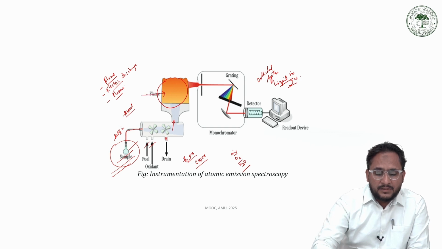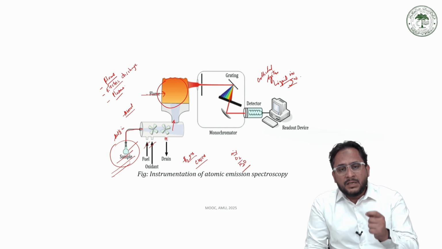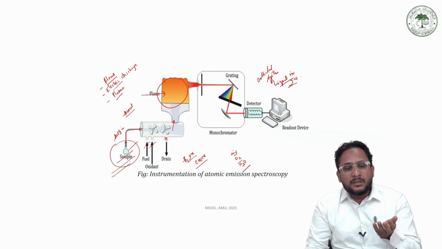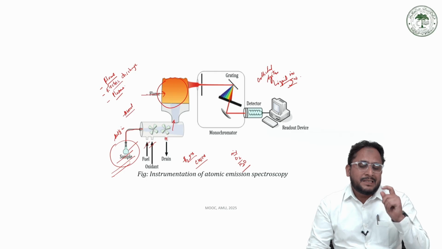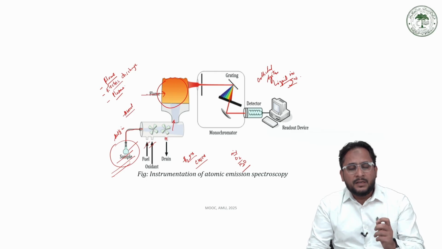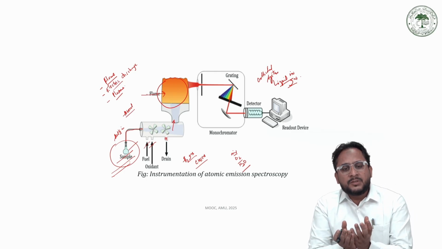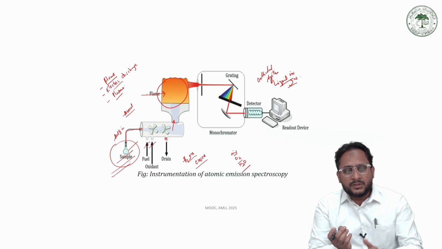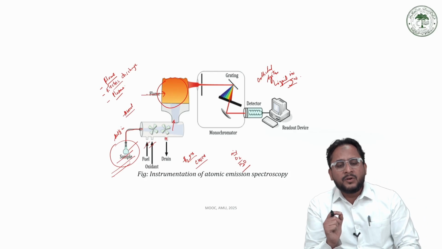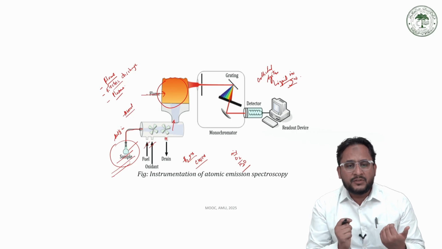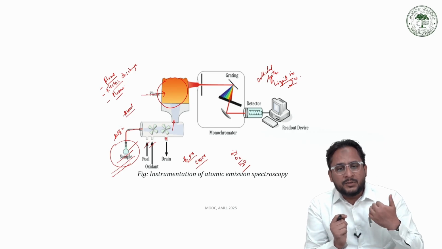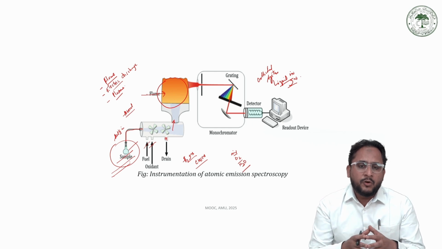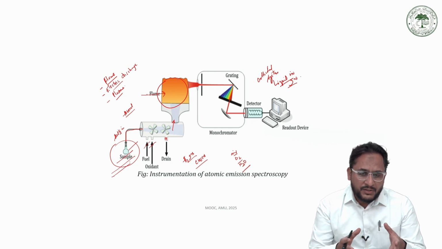When high thermal energy is provided by this excitation source, it immediately converts the aerosol containing liquid droplets, in which the sample is present in the solvent and the whole system is dispersed in a gas. This high temperature causes drying up of the sample by evaporation of the solvent, and then it dissociates the molecule or the compound into individual atoms, followed by their vaporization.